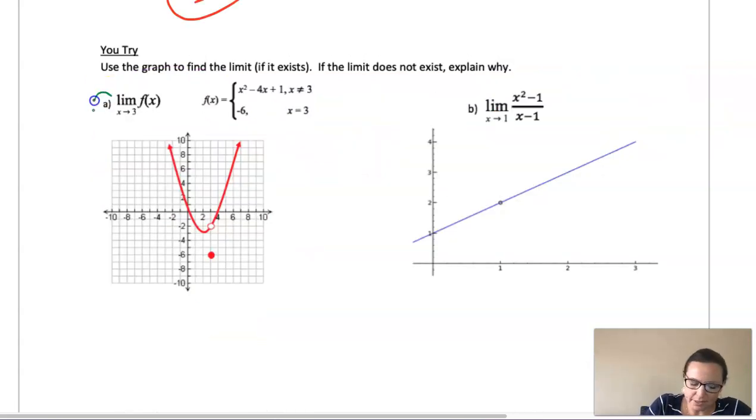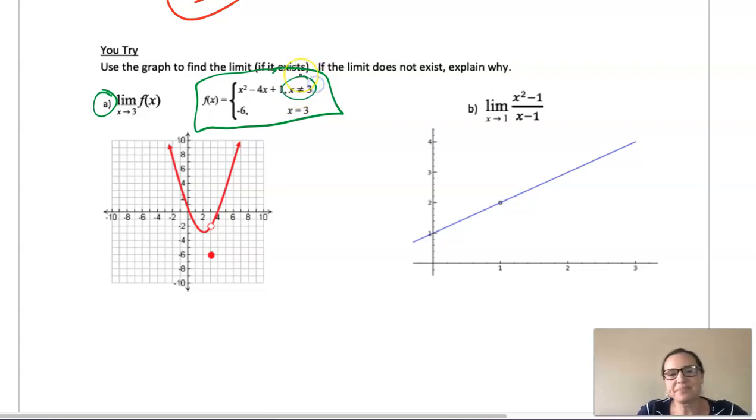Taking a look at part A, we have this equation of the function. It's a piecewise function. So for every x value other than 3, that's what this means, the function is determined by this equation x squared minus 4x plus 1. So that would be the left-hand side and the right-hand side as x is approaching 3, because we're looking at the limit as x approaches 3.